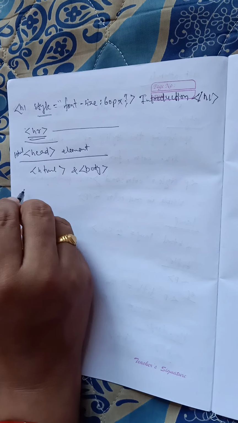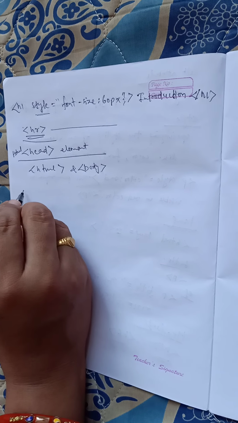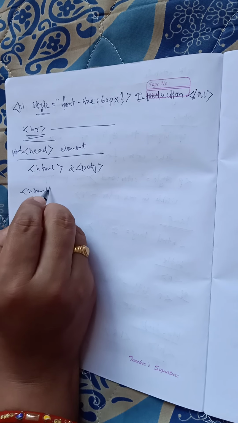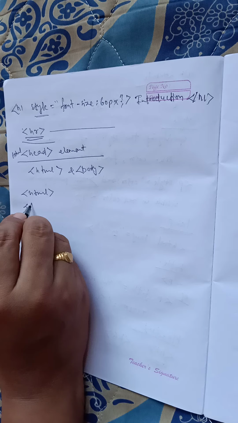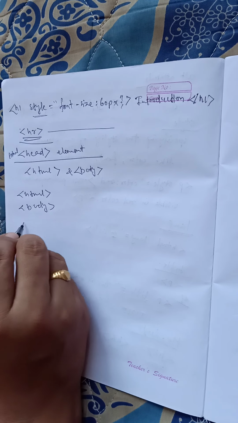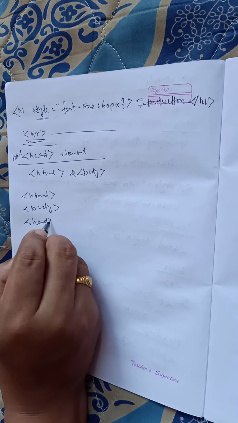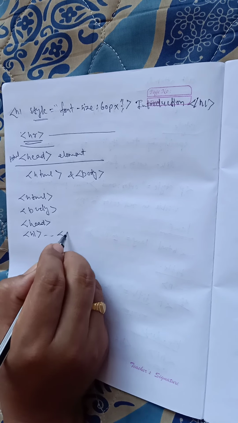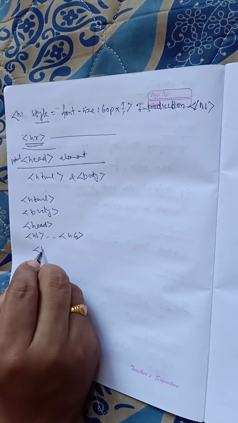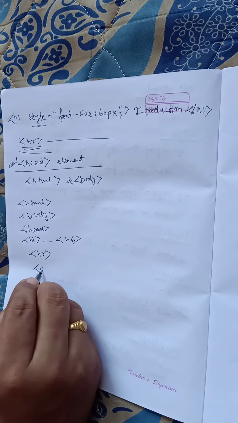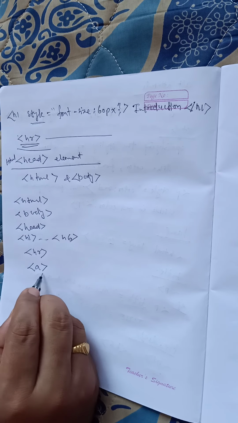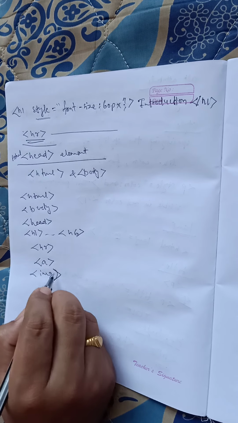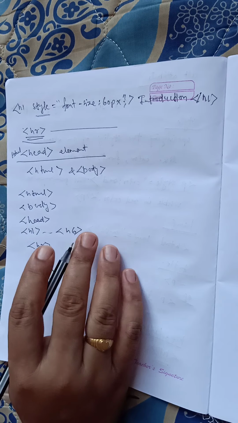So what we have done today, till now we have learnt about the HTML tag, then body, head, then from H1 to H6, we learnt about HR, our link tag, image tag, along with some attributes.